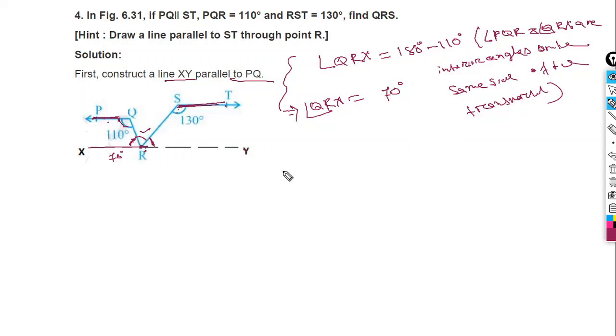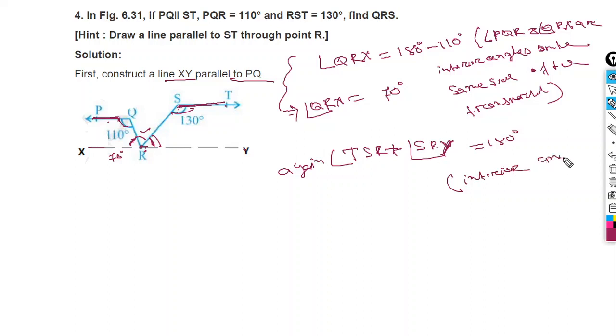Give the reason: interior angles on the same side of the transversal.